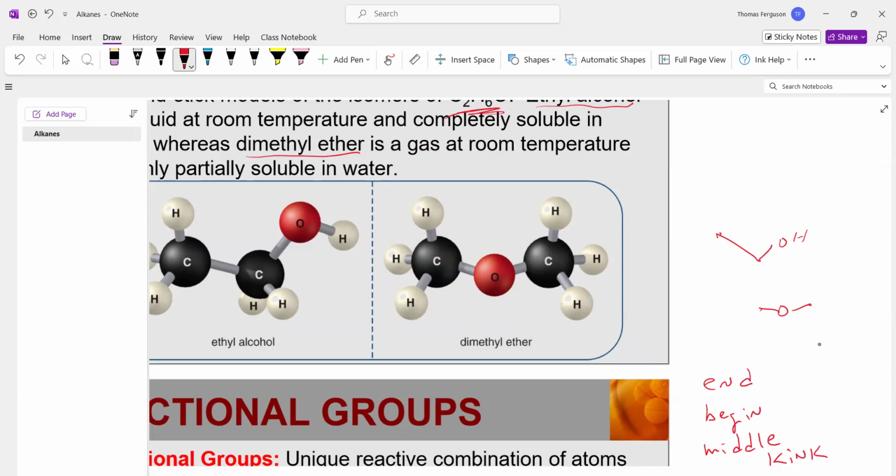No hydrogens are given, but you need to know that carbon has 4 bonds. So for example, this carbon here has 1 bond, and then we need 3 more to complete that 4. So that's where the hydrogens would be located. This carbon here has 1 bond to the other carbon, 1 bond to the oxygen. So there'd be 2 hydrogens here.